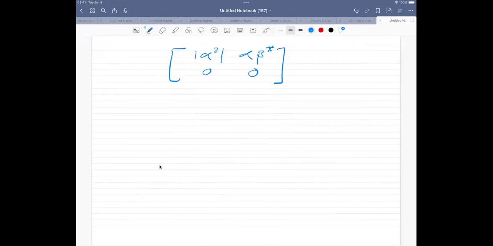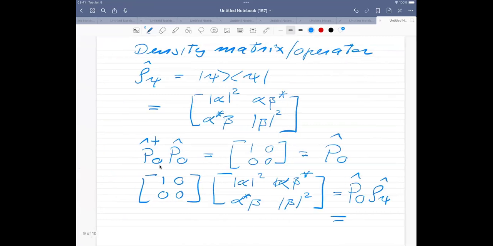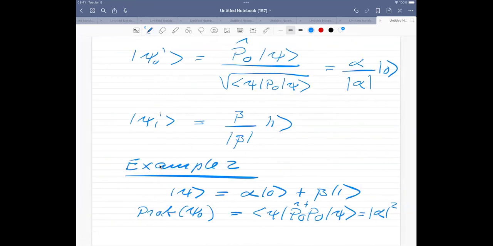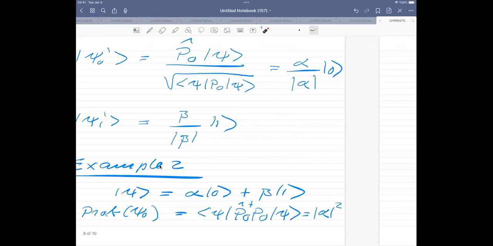If I look at this quantity and go back to what we found when we performed the measurement, we got this when we collapsed the wave function with the P0 operator.